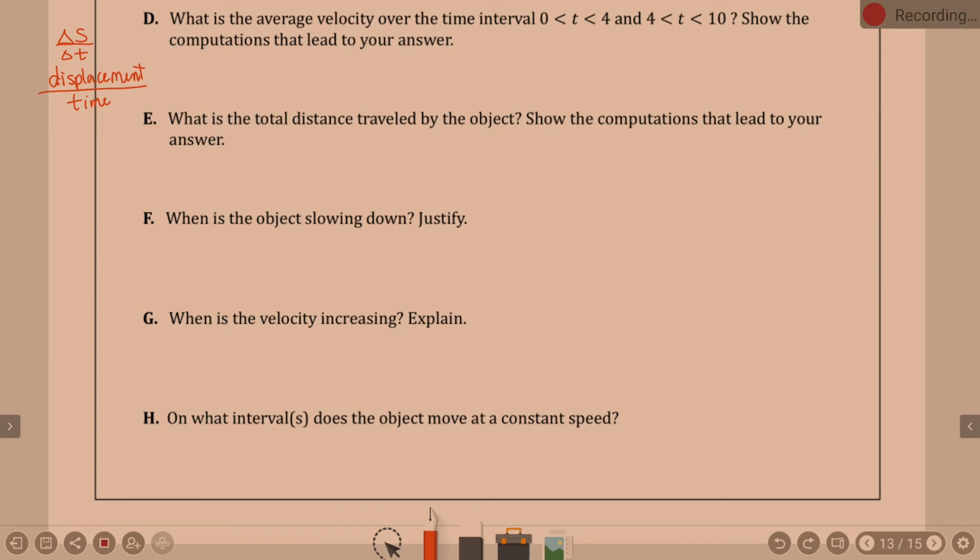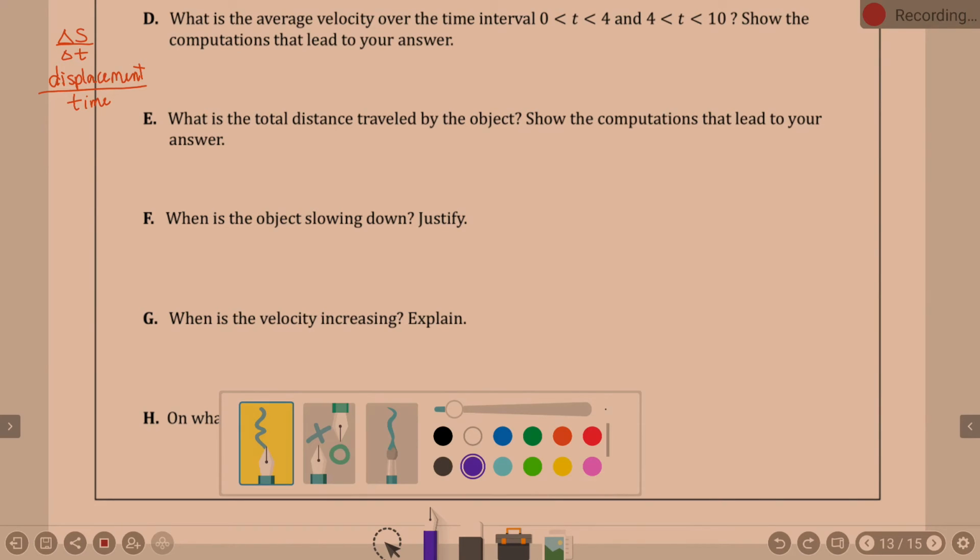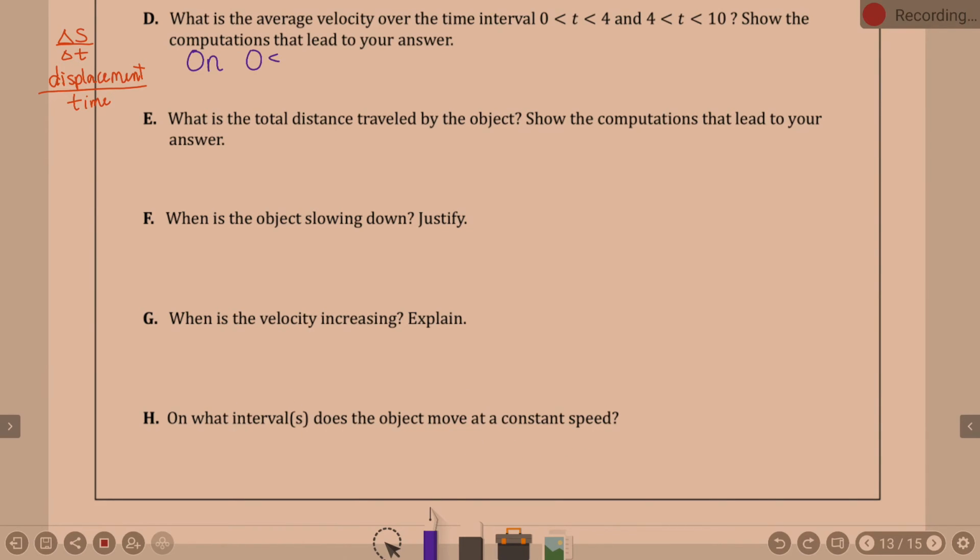Okay? Now, we need to figure out what's going on from 0 to 4, and we need to figure out what's going on from 4 to 10, yes? The elapsed time is easy. Displacement, when we talk displacement, we want to think total distance.